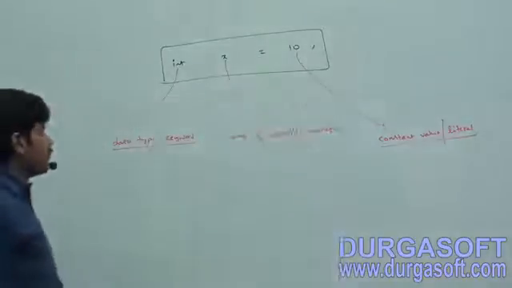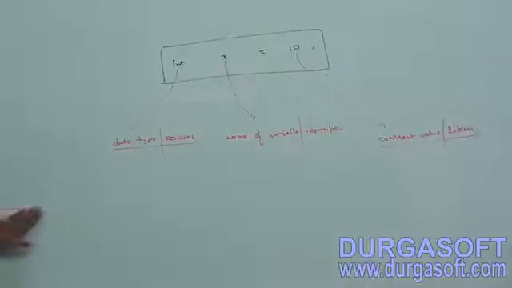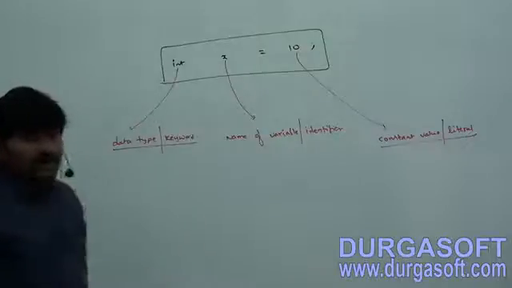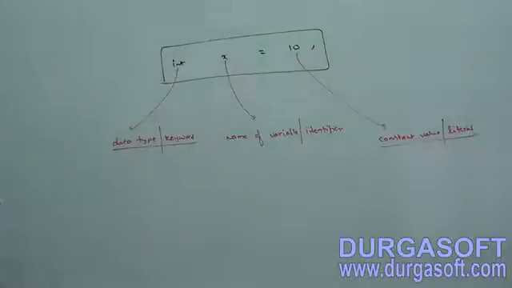Example: int x is equal to 10. Can you tell what is int? Data type or keyword. X is the name of the variable or identifier. 10 is a constant value or literal.